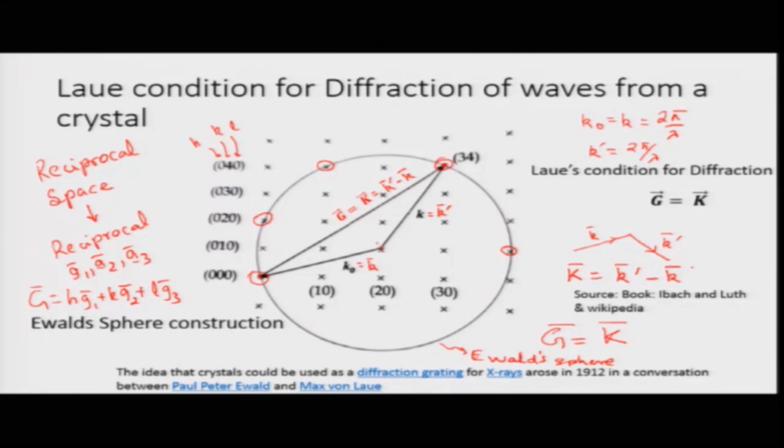So, if I draw a k prime out here, for a scattered wave k prime in this direction, this is your scattering vector K, and that you can see is connecting 2 points in the reciprocal lattice. So, even this will give rise to a finite intensity at your point of observation.